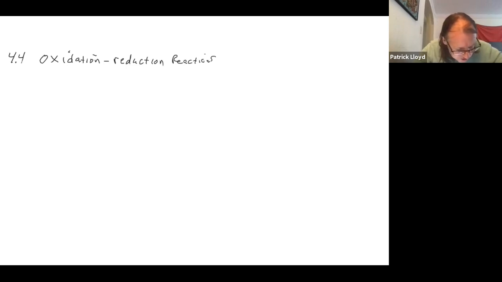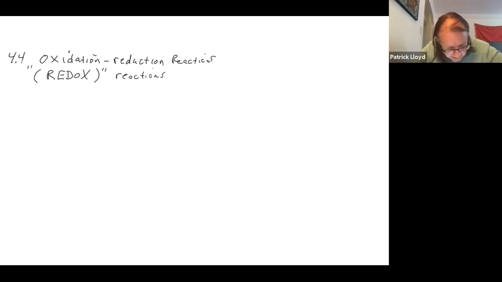We generally abbreviate that as redox, reduction oxidation. So redox reactions. And redox reactions are very important in terms of energy. They are associated with large changes of energy.